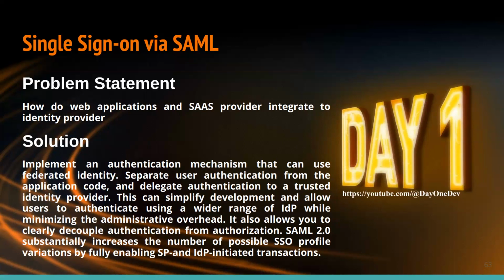SAML implements a secure method of passing user authentication and authorization between identity providers and service providers. So when a user logs into a SAML-enabled application, the service provider requests an authorization from the appropriate identity provider. The identity provider authenticates the user credentials and returns the authorization for the user.